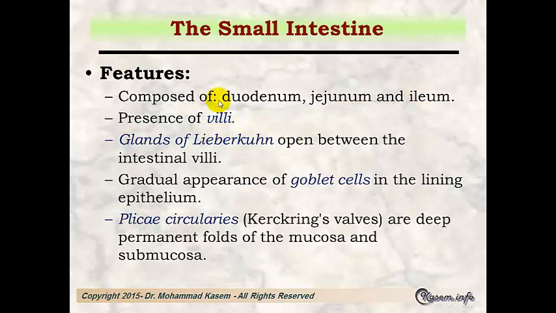Also by the presence of villi, the glands of Lieberkühn, which open between the intestinal villi, the gradual appearance of the goblet cells in the lining epithelium, the presence of plicae circulares, which are the Kerckring valves, which are the permanent folds present on the surface of the mucosa of the small intestine.